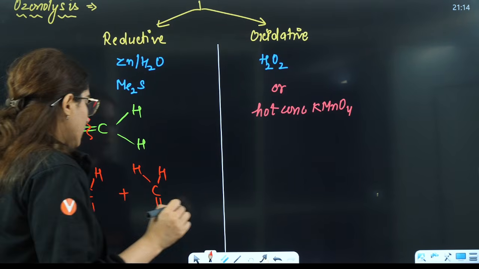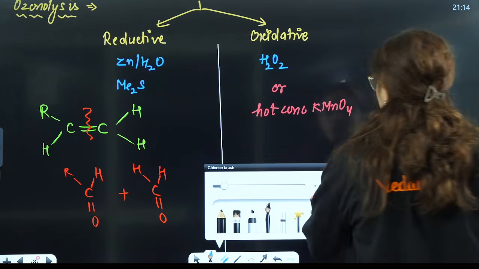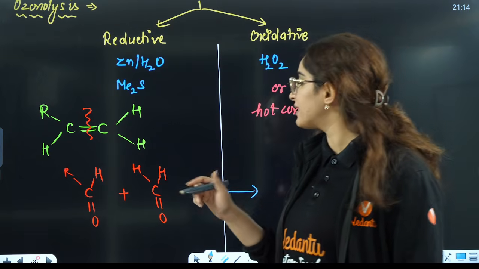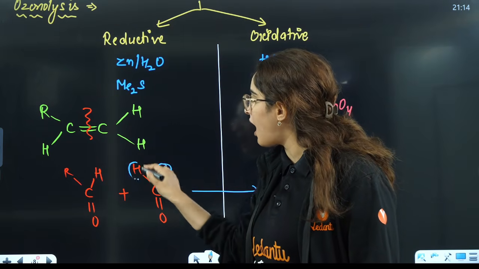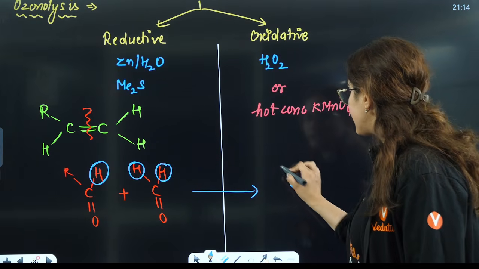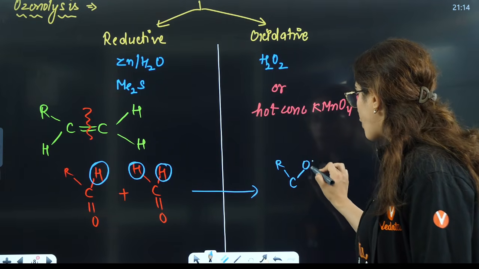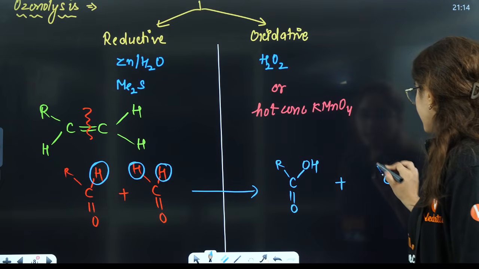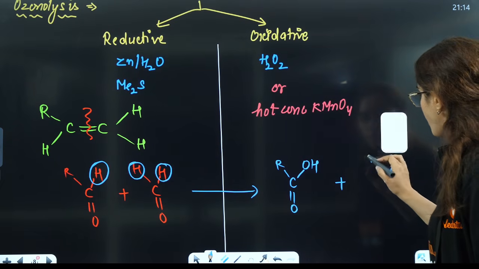That is reductive ozonolysis. In oxidative ozonolysis, all the hydrogens that are connected to carbonyl carbon are replaced by OH. So answer will be C. Here you have R, here you will have OH. This will be double bond O. Here this is H, this is OH.